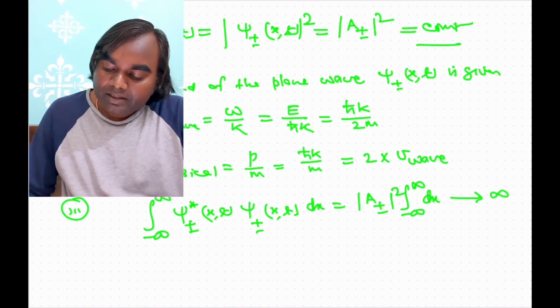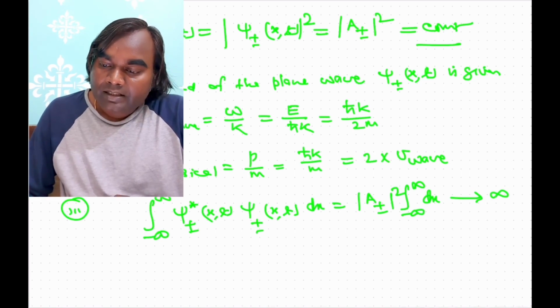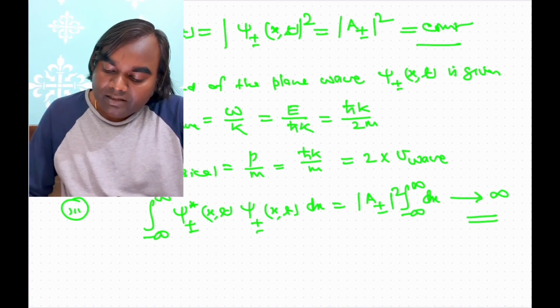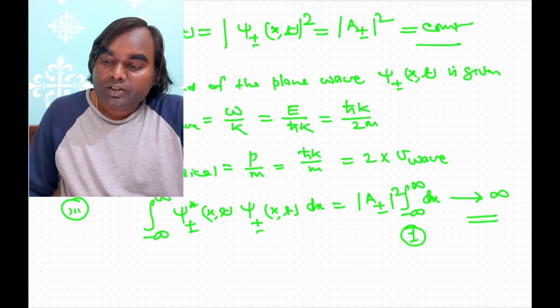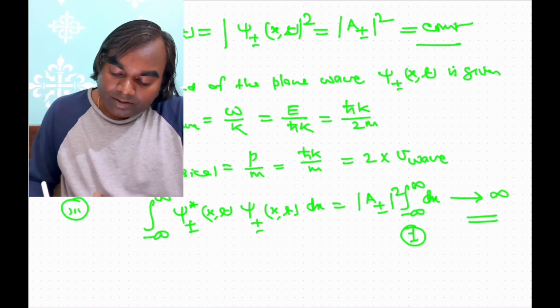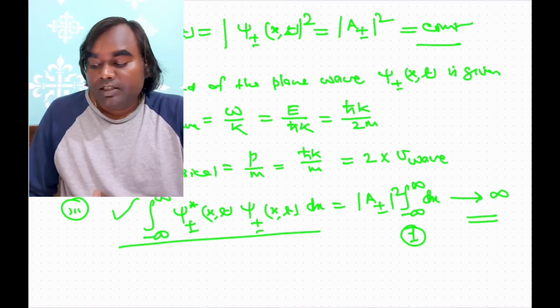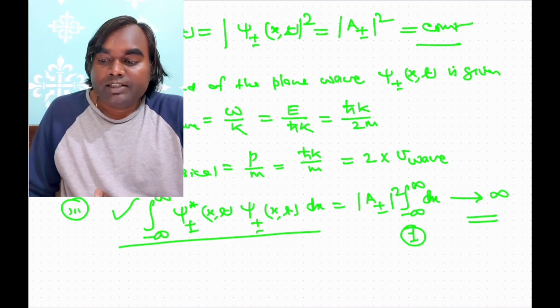So that means the normalization condition is not giving the unity value. Therefore the solutions are thus unphysical and not acceptable. The physical wave function must be square integrable, whereas this doesn't fulfill the square integrable condition.